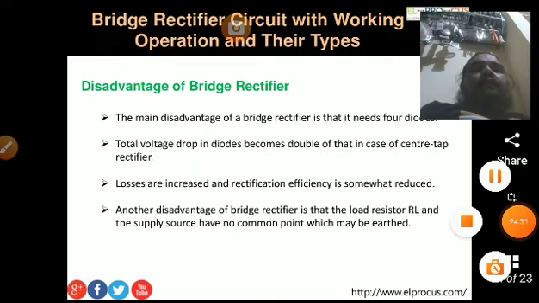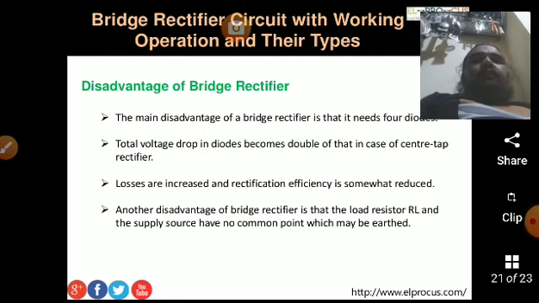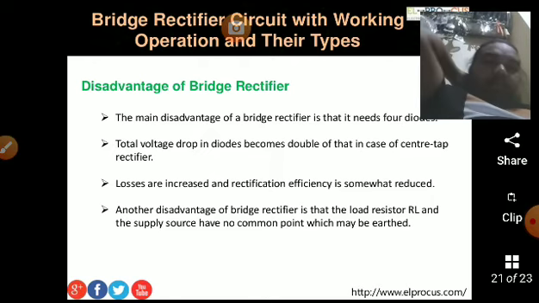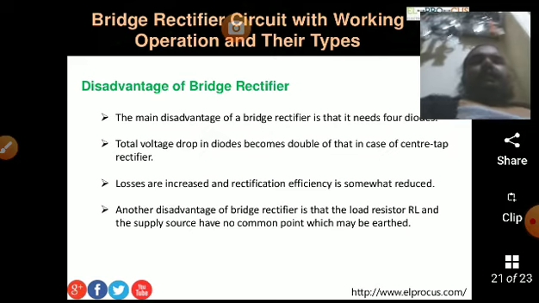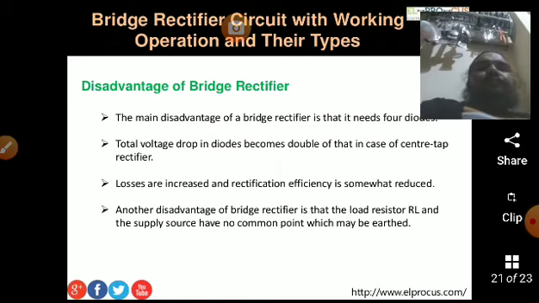Disadvantages of the bridge rectifier. The main disadvantage of the bridge rectifier is that it needs four diodes. The total voltage drop in the diodes becomes double that of the center tap rectifier.